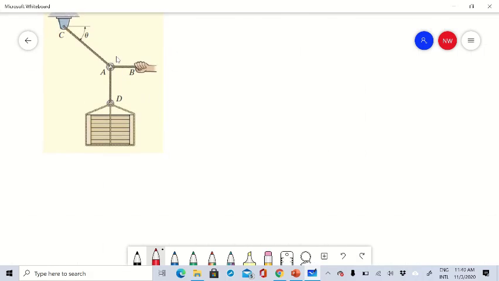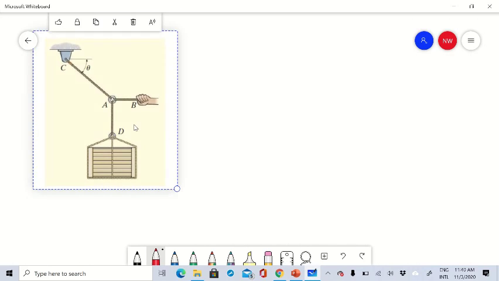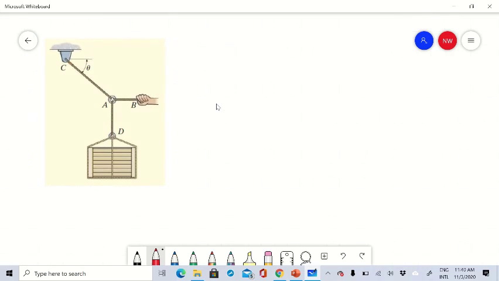If you draw the free body diagram for this cable AD, let's draw the free body diagram for cable AD.